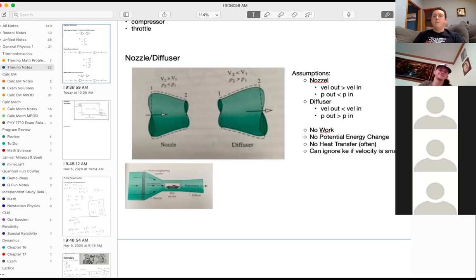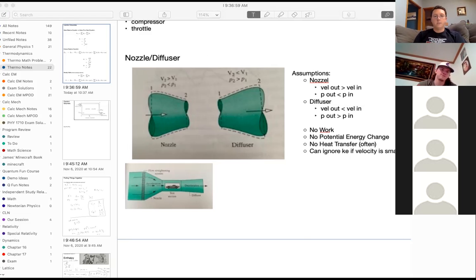Anyways, when we write down for a nozzle the flow rate equation, the energy balance equation, we're going to have 0 equals... Hold on, sorry. We're going to ignore the work.